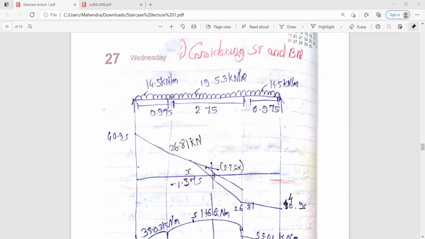Shear force bending moment calculation you should know now. You are in 8th semester. First just draw the beam, then I will let you know the shear force bending moment calculations. Just draw this beam first of all.